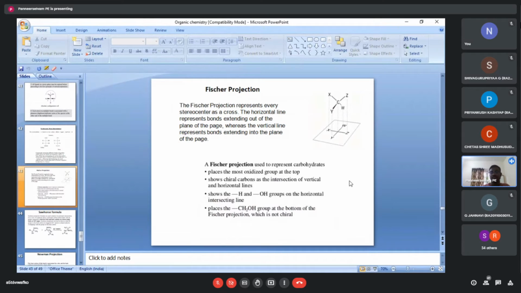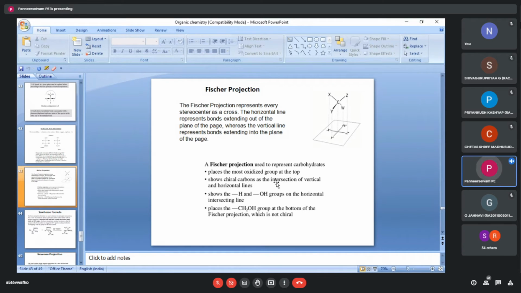See the Fischer projection. The Fischer projection represents every stereocenter as a cross. The horizontal lines represent bonds extending out of the plane of the page. The functional groups are also present on the horizontal. The vertical lines represent bonds going behind the plane, at the center carbon. It is used to represent carbohydrates, placing the most oxidized group at the top, like the aldehyde.